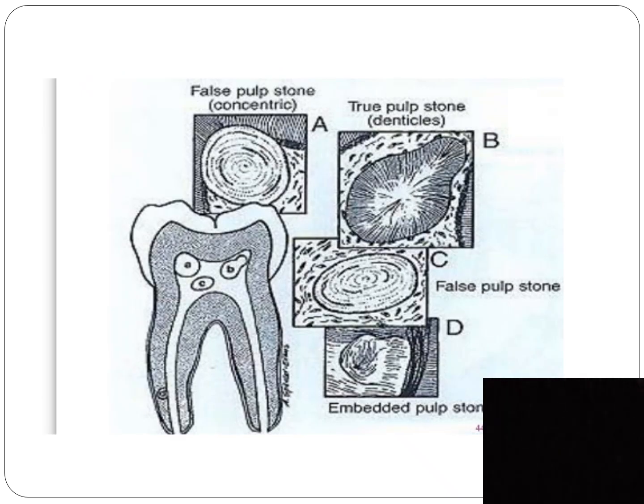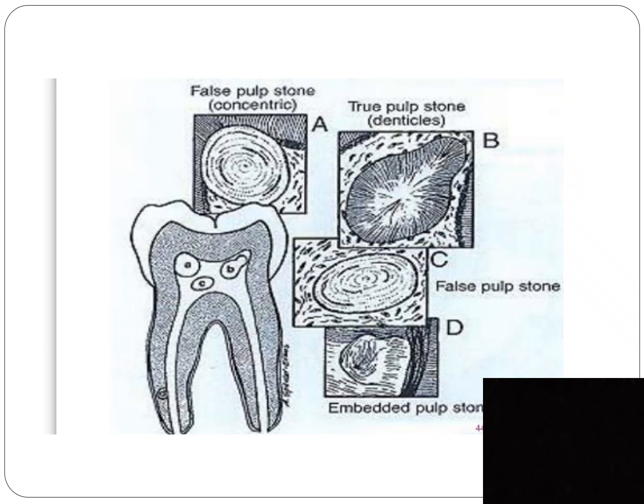This is another pencil diagram showing the different types of pulp stones. This is a free, this is an attached, and this is an embedded one. And based upon their structure, as I have already discussed, where they have dentine-like arrangements of calcification resembling dentinal tubules, we call it a true pulp stone or a denticle.